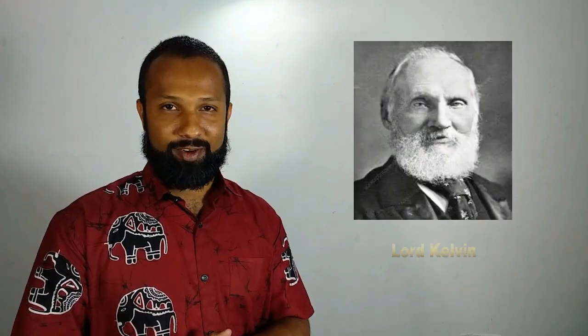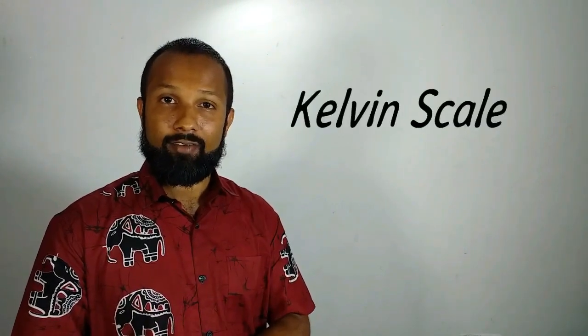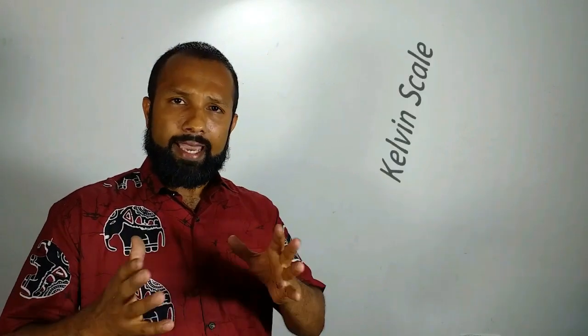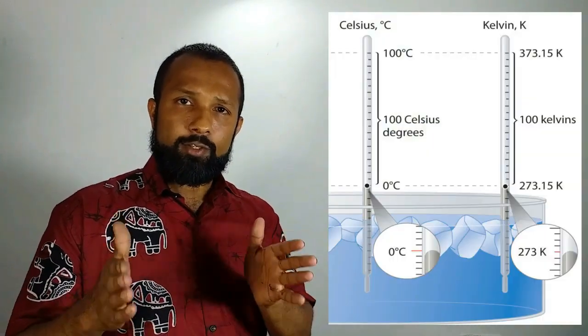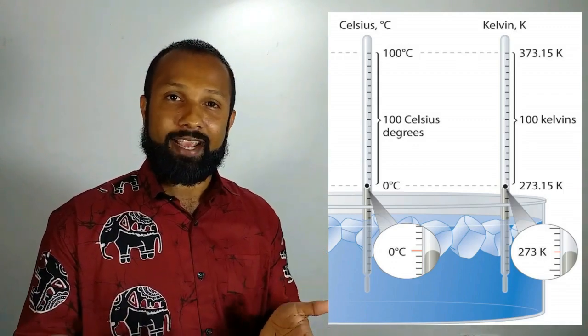Later, the British scientist called Lord Kelvin, who was called Lord Kelvin because he was knighted by the Queen, introduced another important scale for measuring temperature, which is called the Kelvin scale. Kelvin introduced that there should be a minimum temperature that an object can reach.